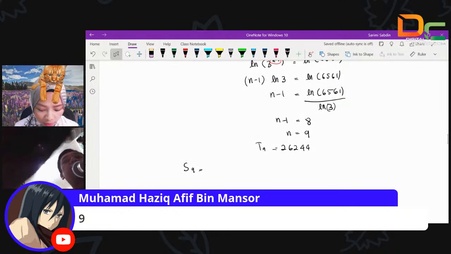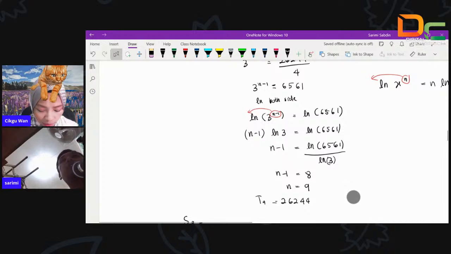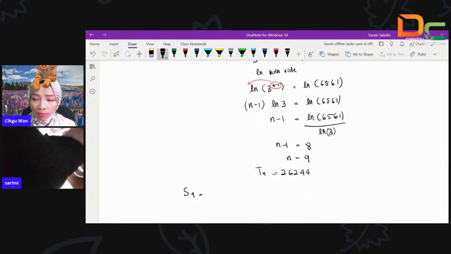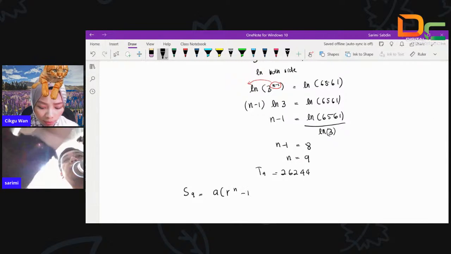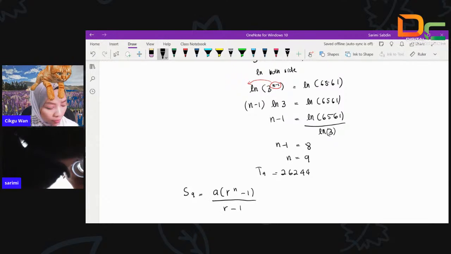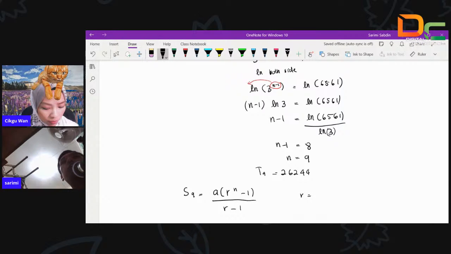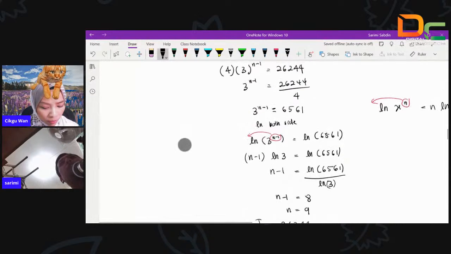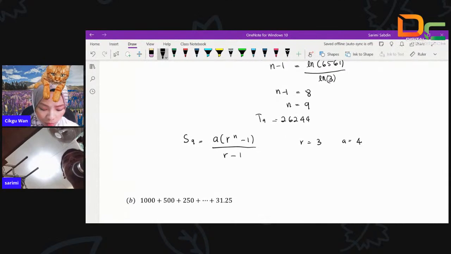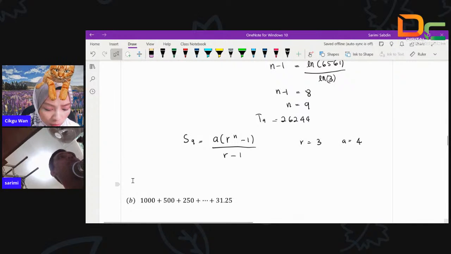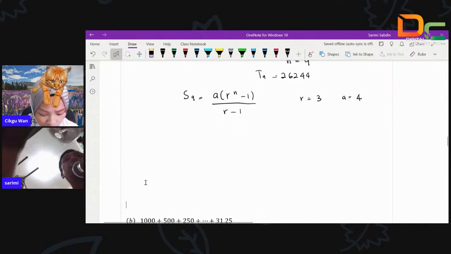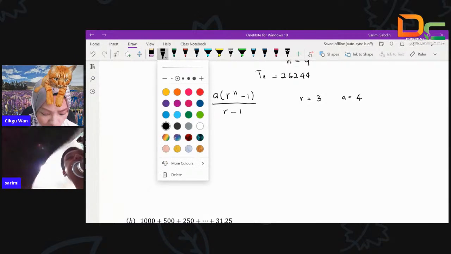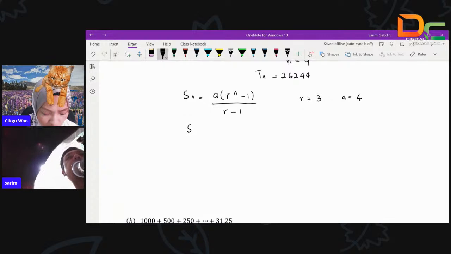So the formula for S9, since R is greater than 1, kita akan guna yang ni lah, A, R to the power of n minus 1 over R minus 1. Since R is equal to 3, and A is 4.